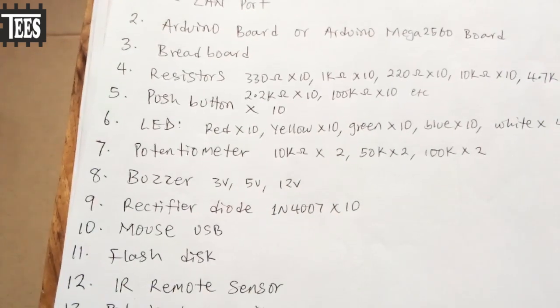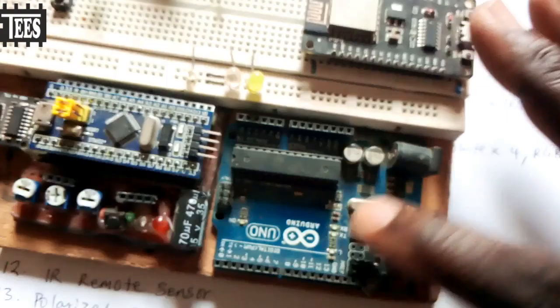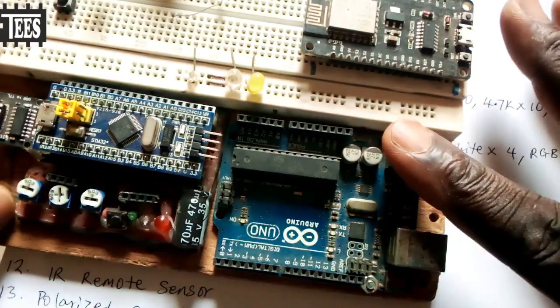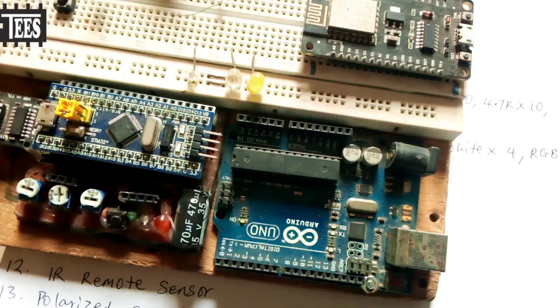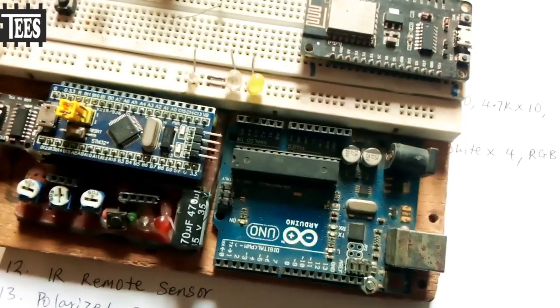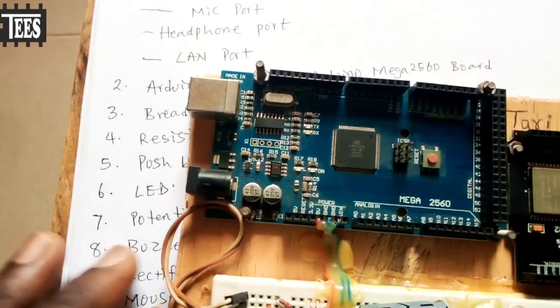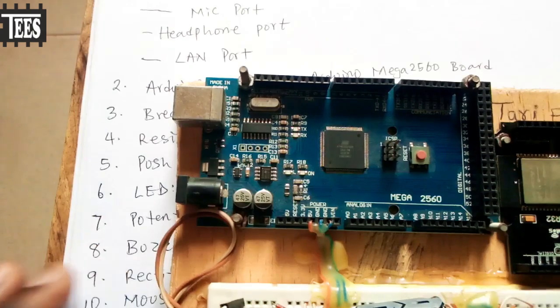Number two, an Arduino board or Arduino Mega board. So this is Arduino Uno. This Arduino Uno. So this one here, this Arduino Mega.